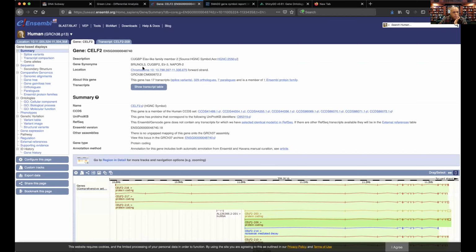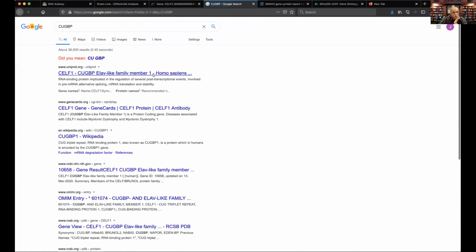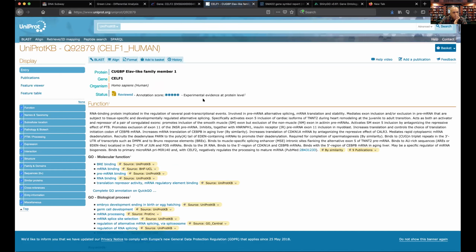It gives you some of the things that it's with. And then if I went ahead and just Googled it, so it's involved in alternative splicing, and you go through and you can see some additional information about what it is. But what I thought would be interesting is to look at the original paper.